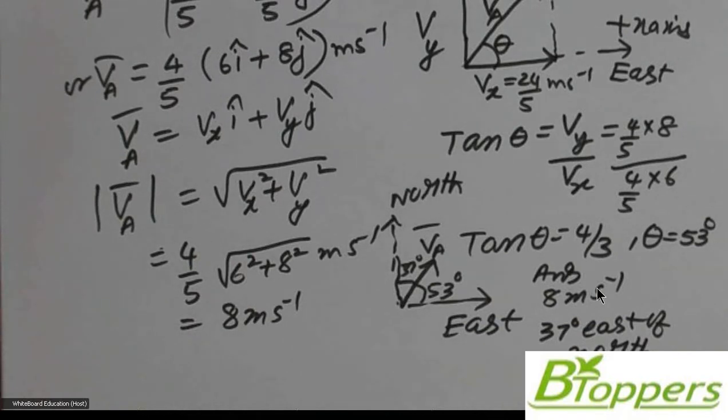So the actual velocity of the body A is 8 meter per second in the direction 37 degrees east of north. You can also tell the answer the other way. 8 meter per second in the direction 53 degrees north of east. So those who want to copy the solution, they can take a pause and copy the solution of this problem.